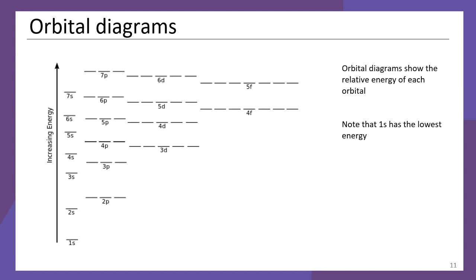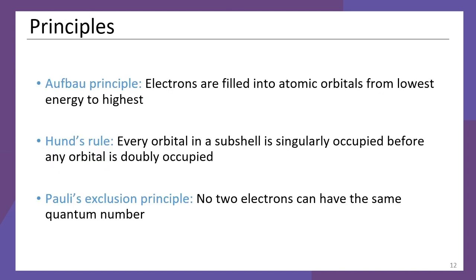But you really want to note that down the bottom is where we have the lowest energy, and then you work your way up. So we have different principles that we need to be following when we're filling out our diagrams. And you will be expected to know the name of these and what they mean, as well as being able to actually apply them in the diagram.